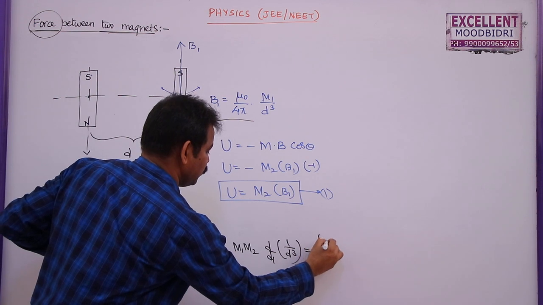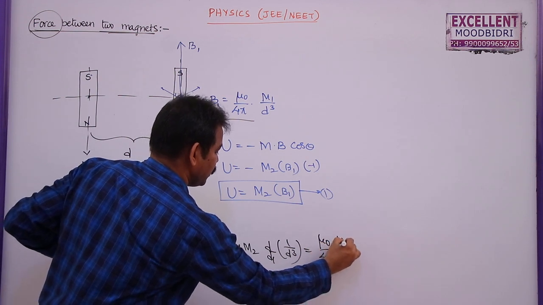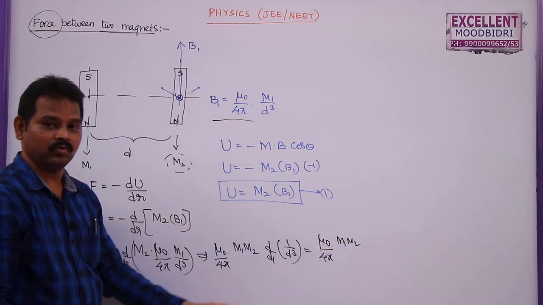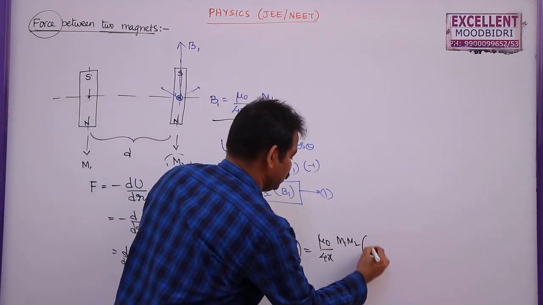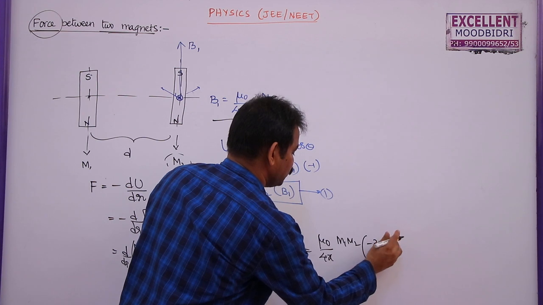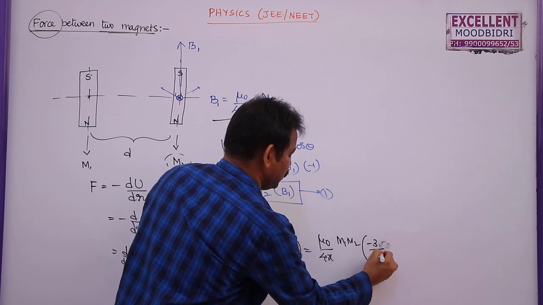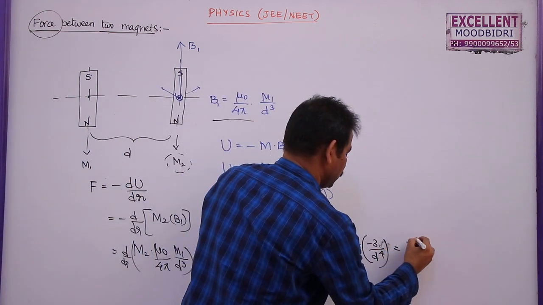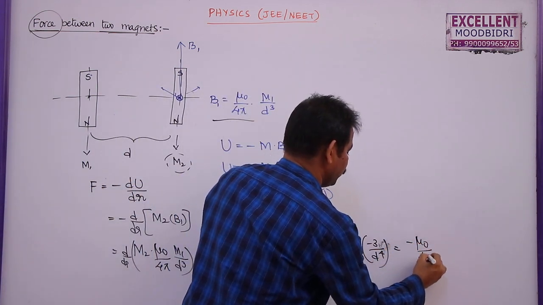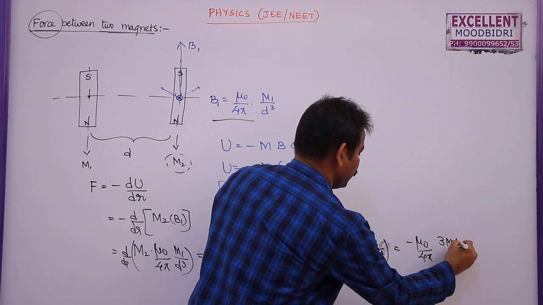Which is given by mu naught by 4 pi M1 M2 into, we know, d power minus 3 differentiates to minus 3 into d power minus 4, or minus 3 by d power 4. So now this is a negative here, we can write minus of mu naught by 4 pi 3 M1 M2 by d power 4.